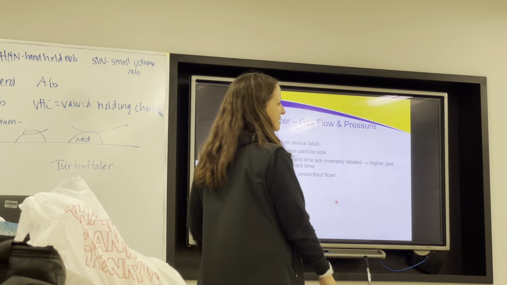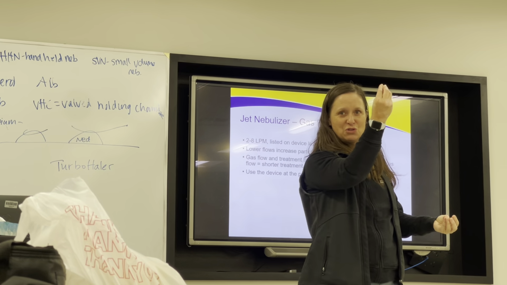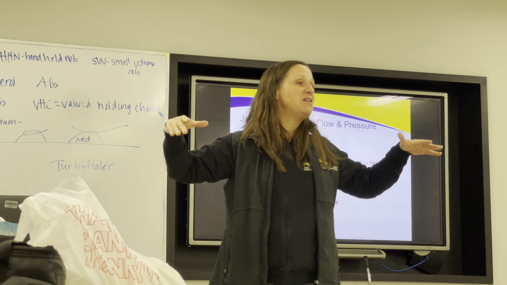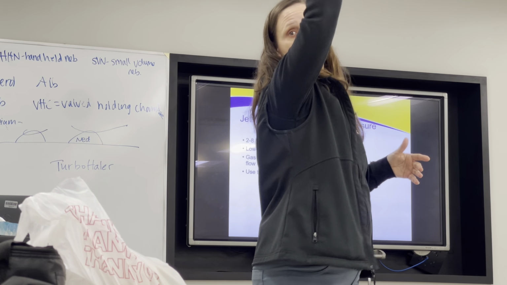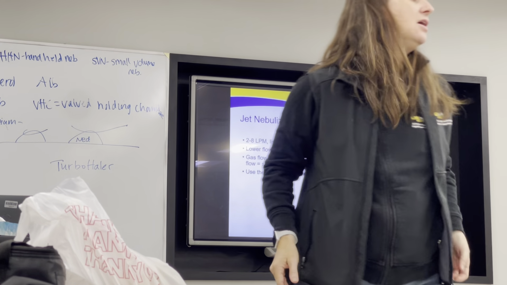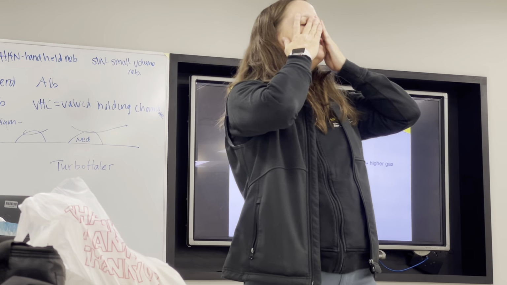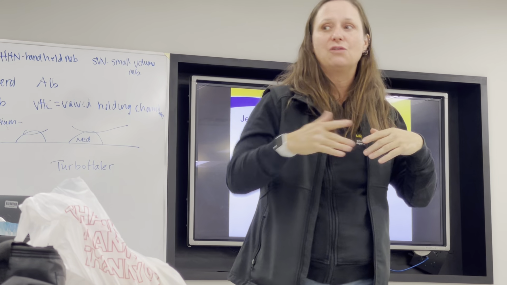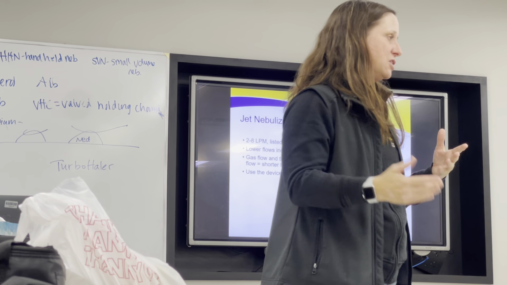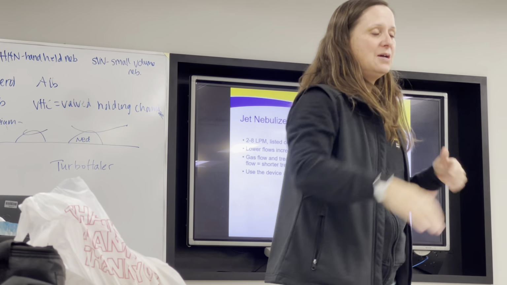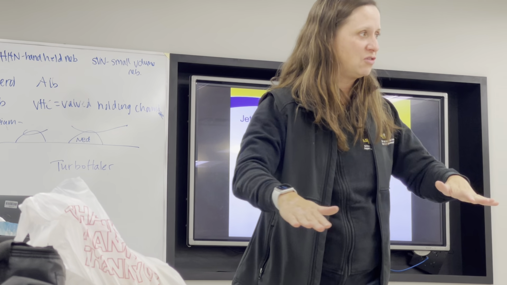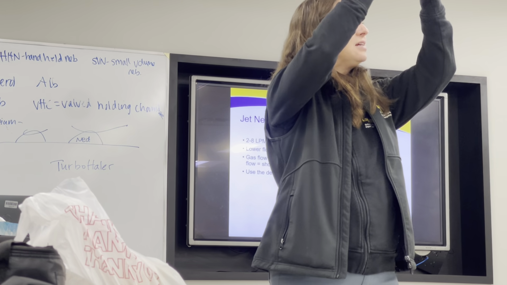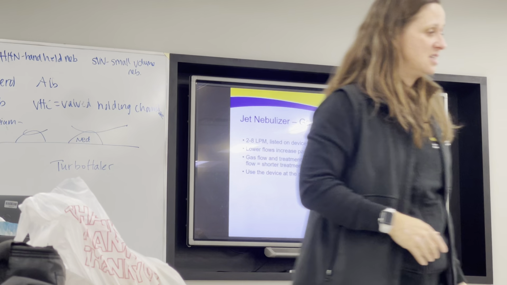Okay, so what happens is as the gas flow comes through the bottom, it creates a vacuum, right? Because high velocity creates low pressure, agreed? Okay, so as we shoot gas through there, it pulls the medication underneath that green ledge and brings it up the inside of it and smashes it against the baffle.